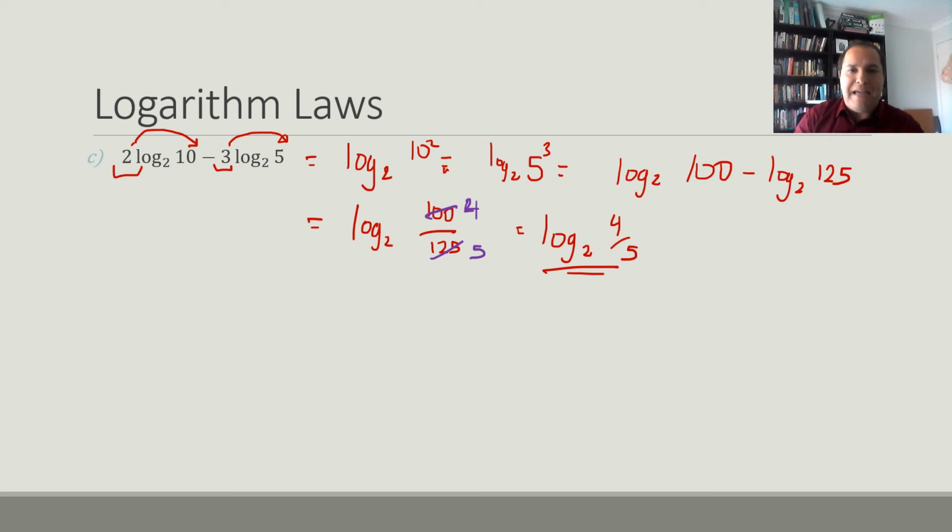The reason I say that is because I know 4 can be written in terms of a base 2. It's 2 squared. So if I split apart this log base 2 of 4, subtract log base 2 of 5, 4 is 2 squared.